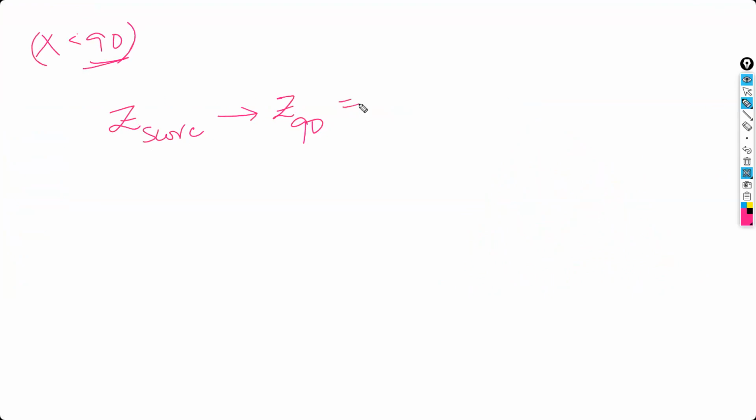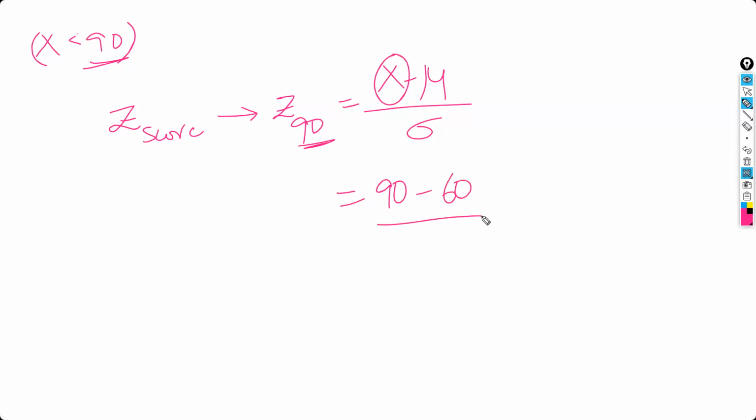Z score of 90 is equal to x minus mu divided by sigma. Now, what is the x value? 90. So I am going to substitute 90 minus, what is the mu value in the question? 60. What is the sigma value? 10. So, 30 divided by 10, which is 3. So, Z of 90 is equal to 3. Everyone is okay?